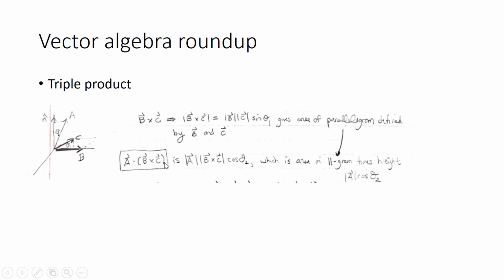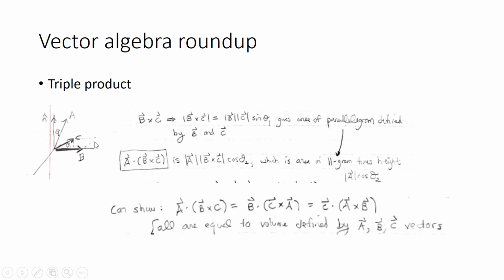So A dot B cross C is called the triple product, or sometimes the scalar triple product, and gives us this volume here. And it's possible to show, we picked A as our height here, but we could have picked C or B as our height.